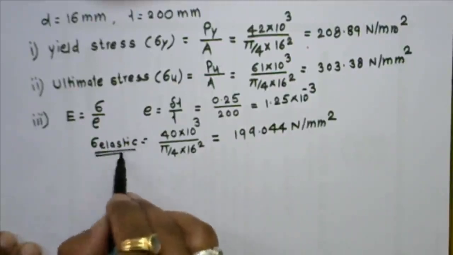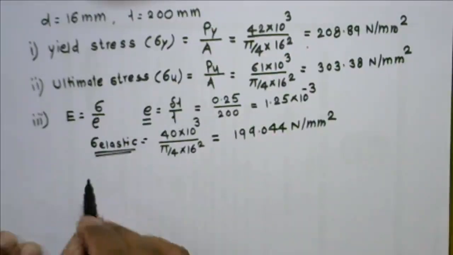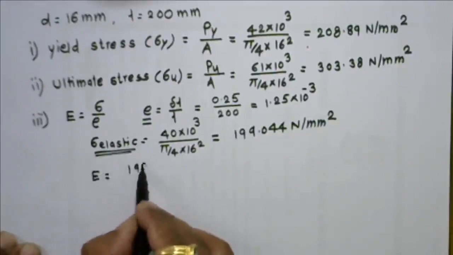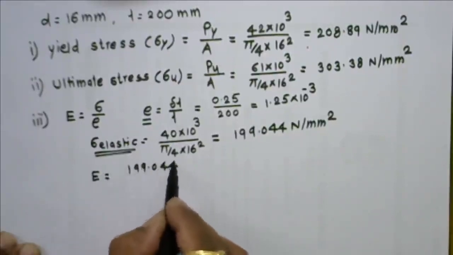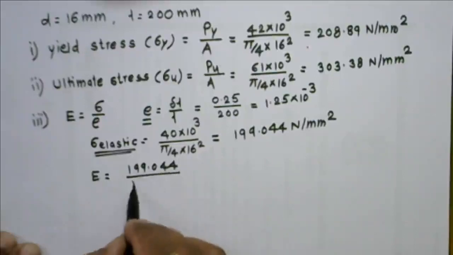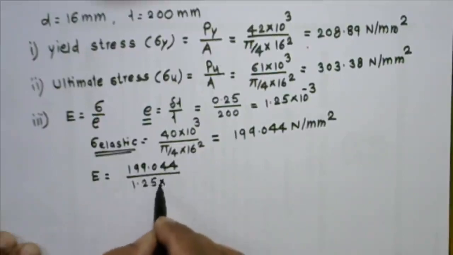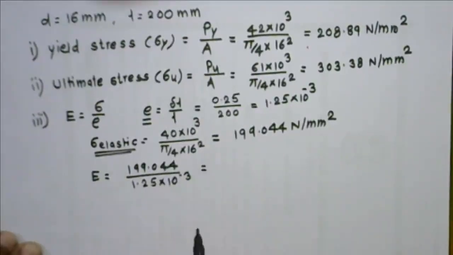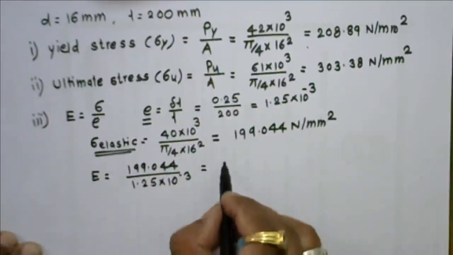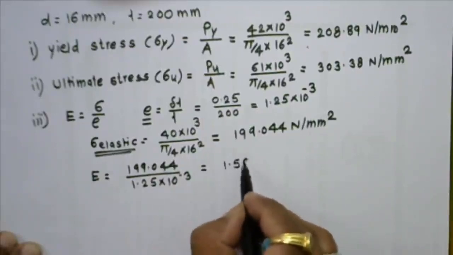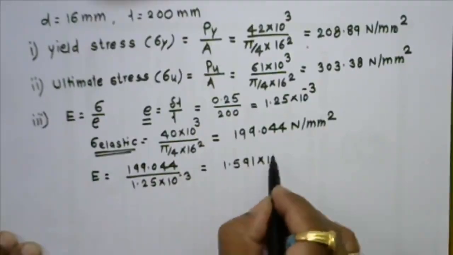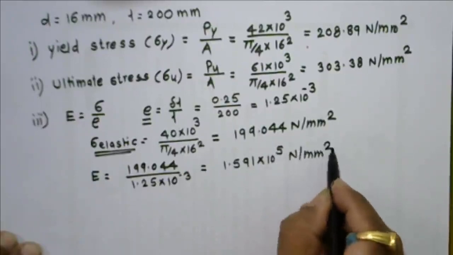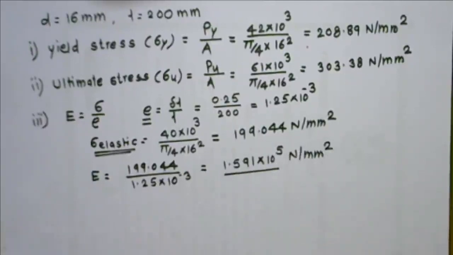We already calculated both, so E is equal to 199.044 divided by 1.25 into 10 raised to minus 3. So here you will get an answer of 1.591 into 10 raised to 5 Newton per mm squared. That is our third answer.